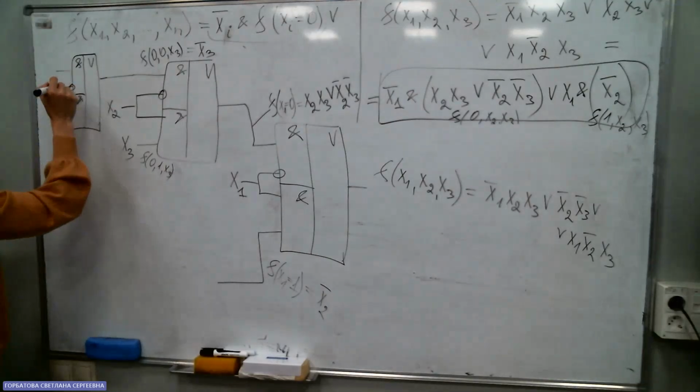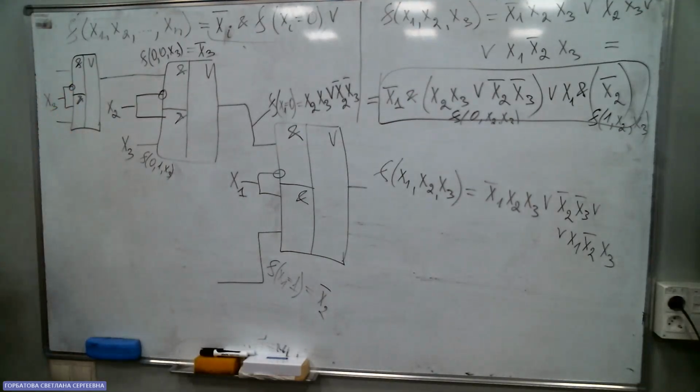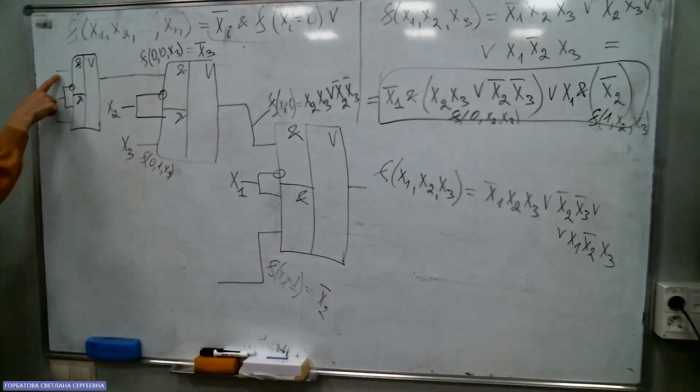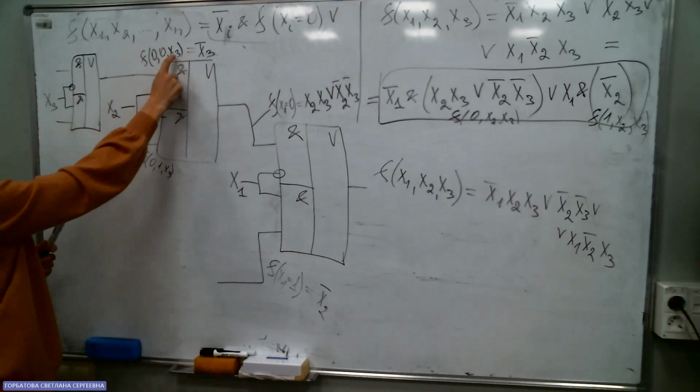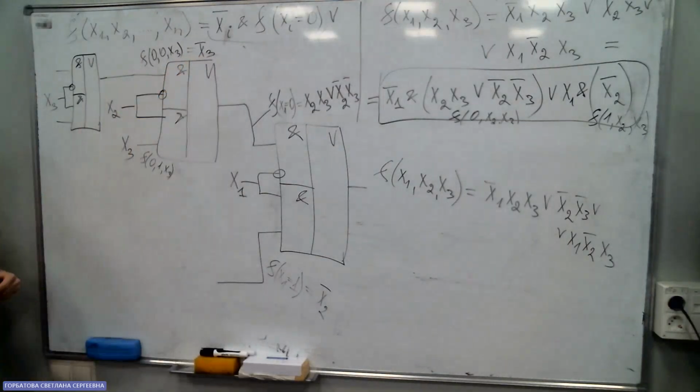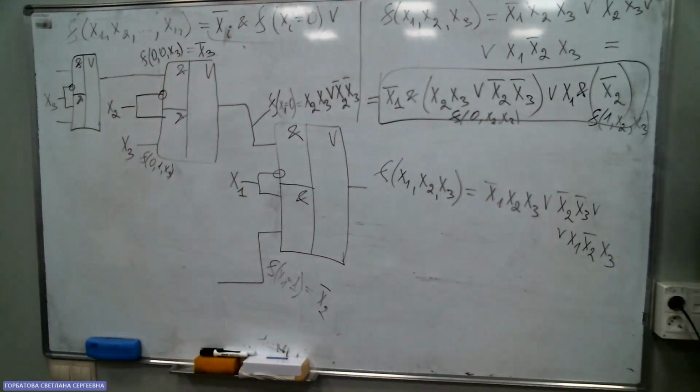So the upper one will be f with x3 equals 0, f of 0, 0, 0. The second one will be f of 0, 0, 1.